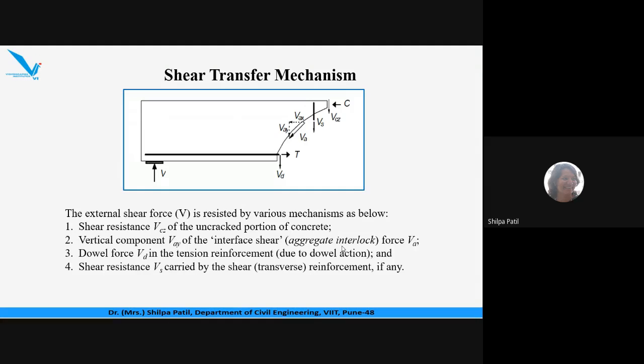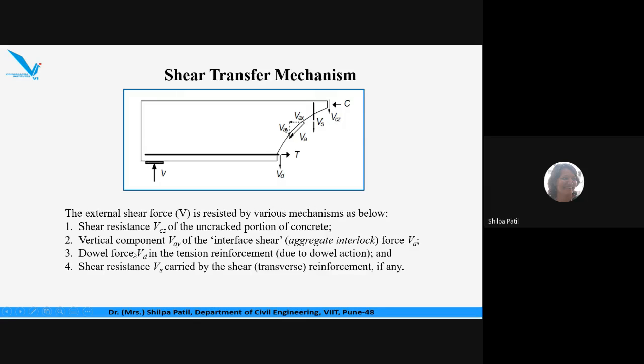So it is basically a mixture of aggregate and fine matrix, and there must be some interlocking between the aggregate and fine matrix. Because of that interlocking, some amount of shear acting on a beam will get resisted by the aggregate interlock. If I consider the total interface shear force VA, its vertical component will be resisted by the aggregate interlock.